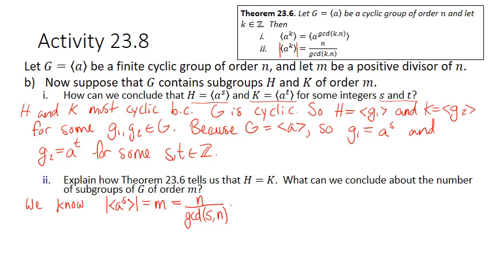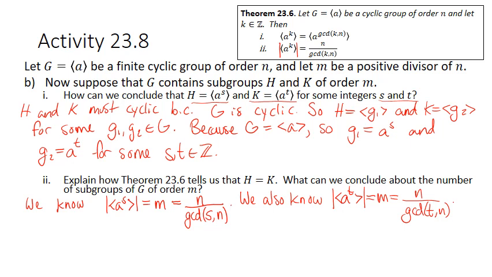Okay, so that's one thing we know. And then we also know about the group K. So we were told K is equal to angle bracket A to the T, and we were also told that its order is M. And then by theorem 23.6, we also know its order is N over GCD of T and N.